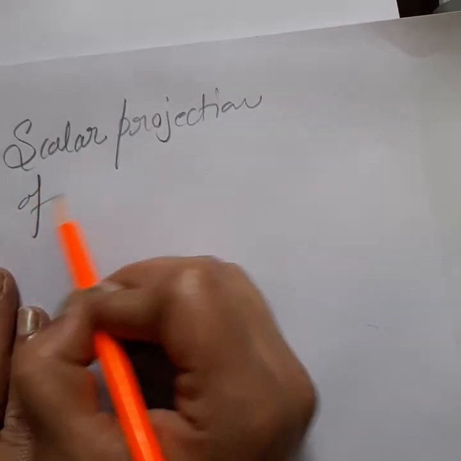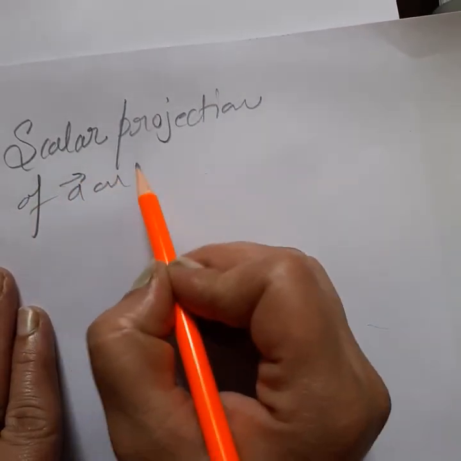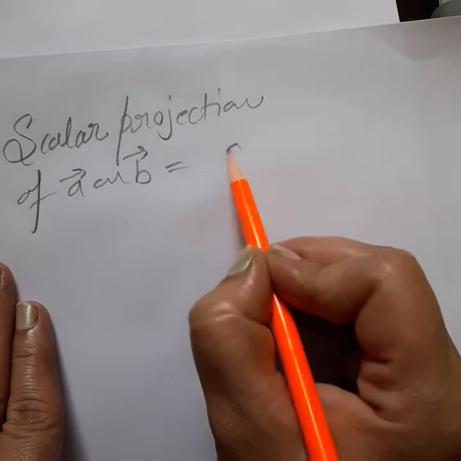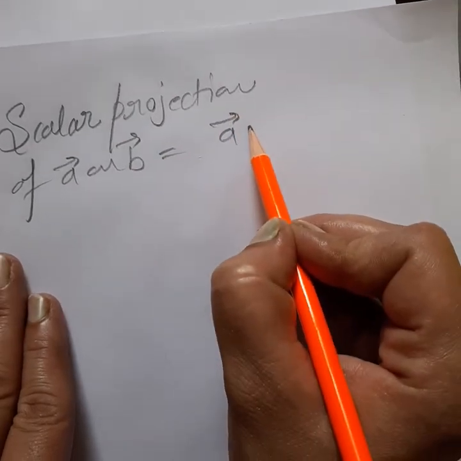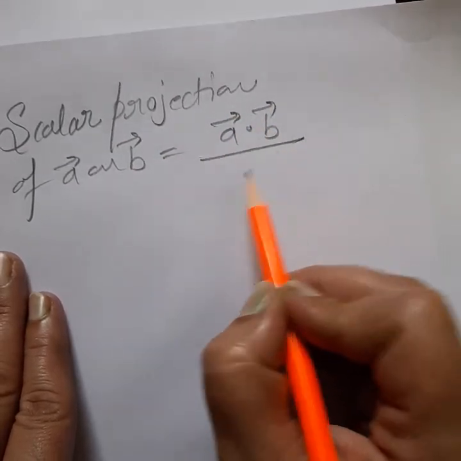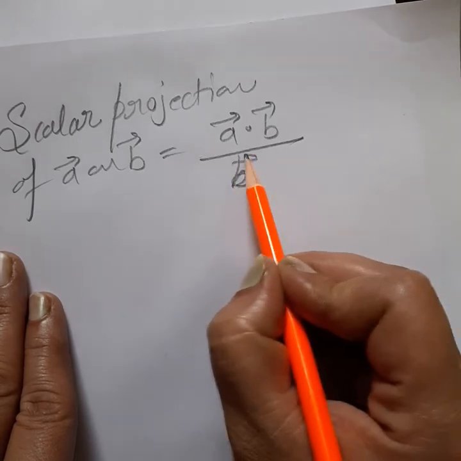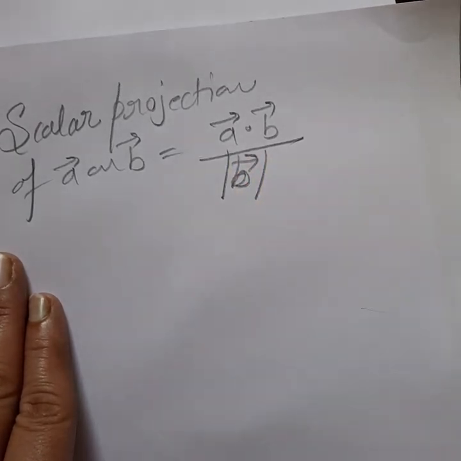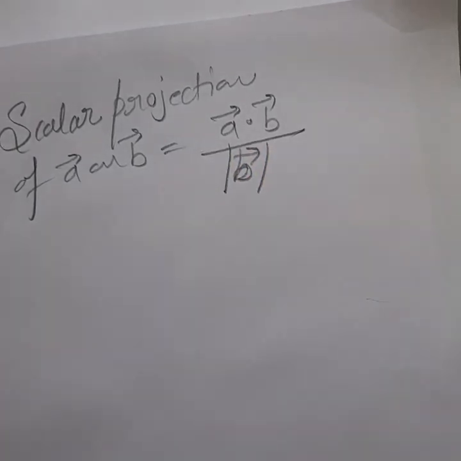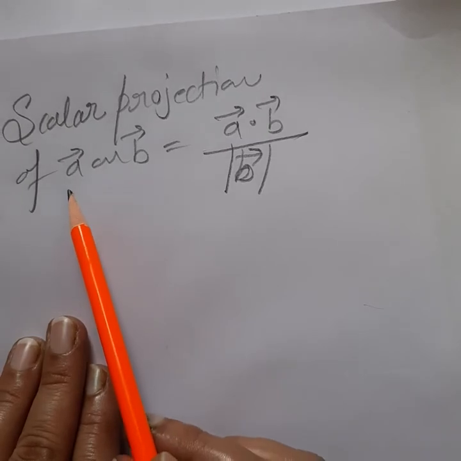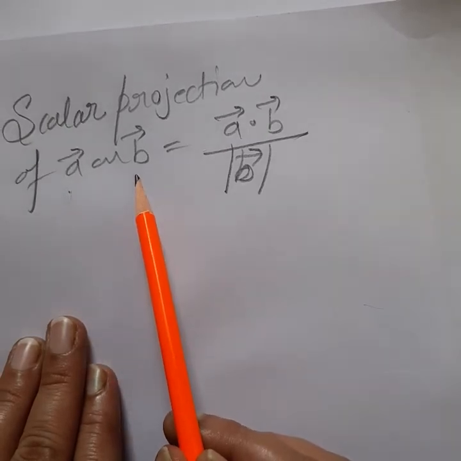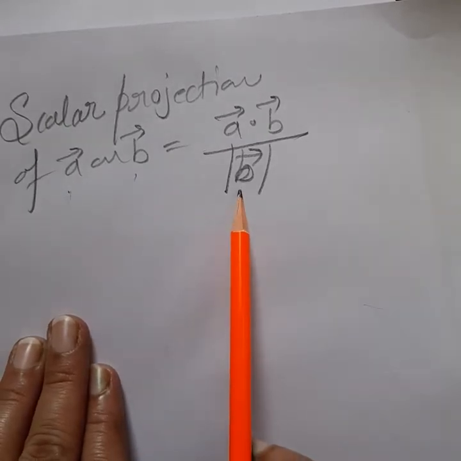of a vector on b vector is a vector dot product with b vector, and we write in the denominator only the mod of b vector. This is the formula of scalar projection. Students, when we write a on b, then we write b in the denominator, remember that point.